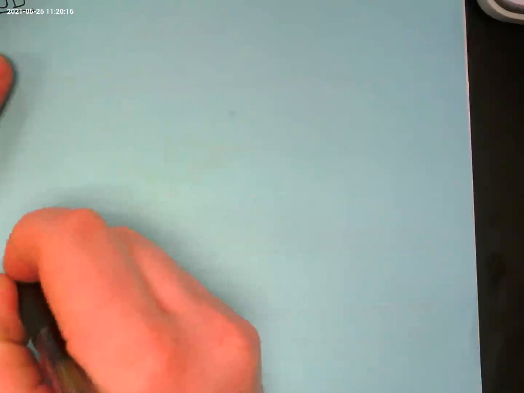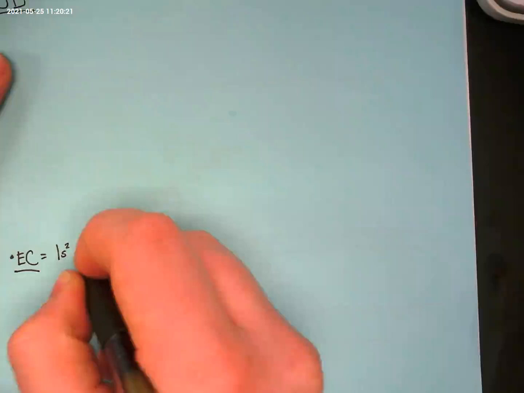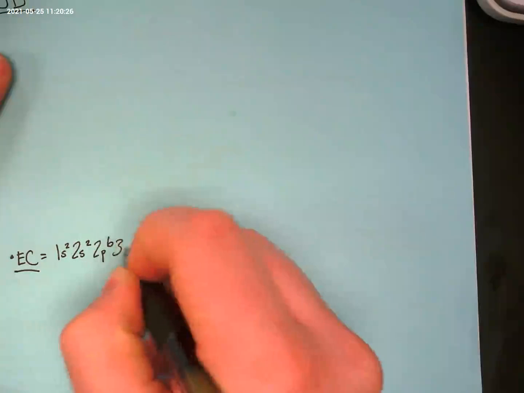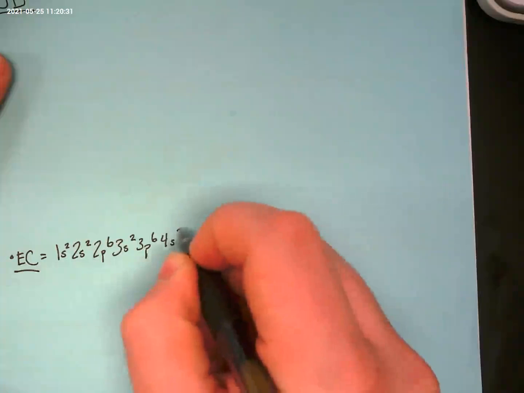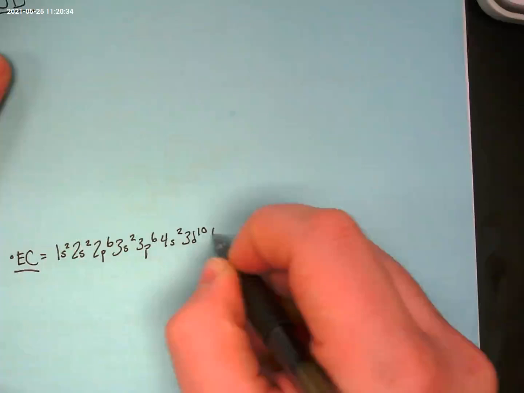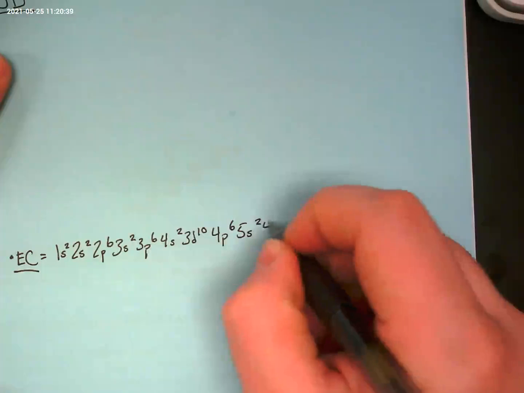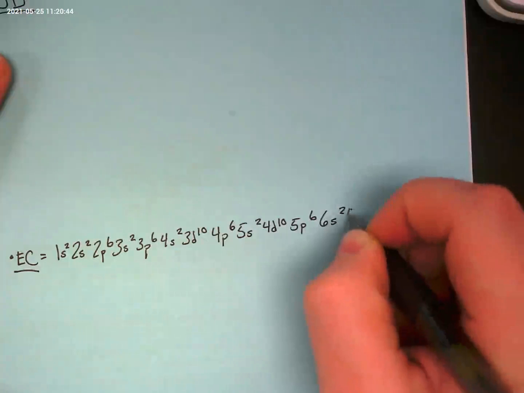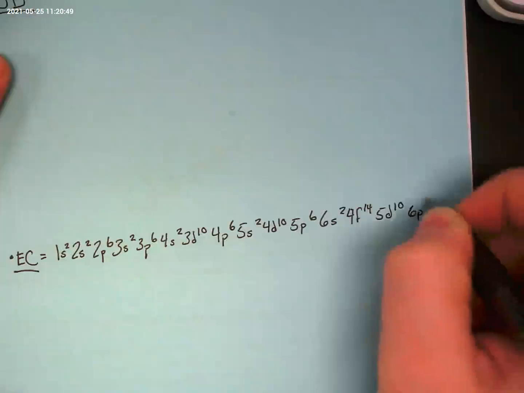Now, to write it all out in one line, so it's nice and neat and not tossed from one line to another, it would look more like this, all scrunched together. 4p6, 5s2, and then 4d10, 5p6, 6s2, 4f14, 5d10, and then 6p1.